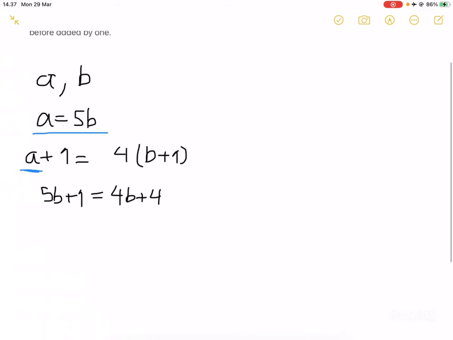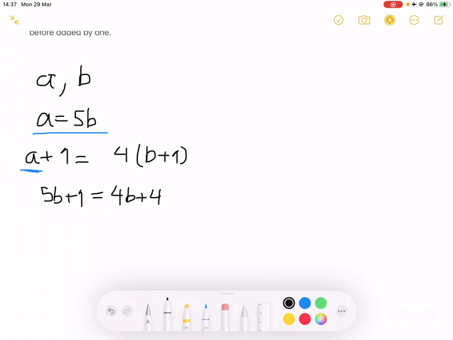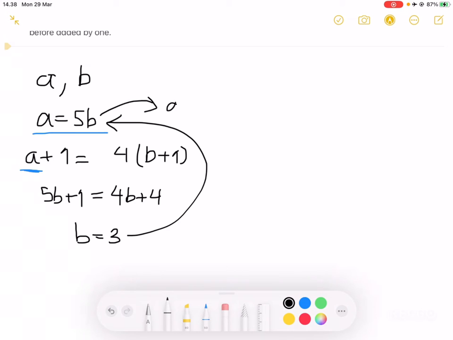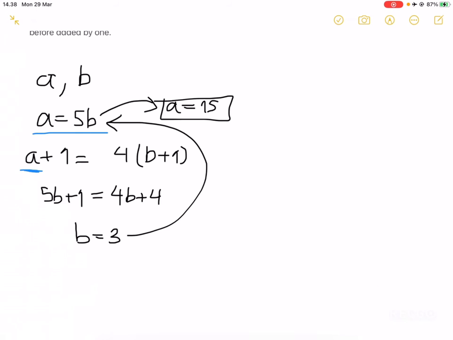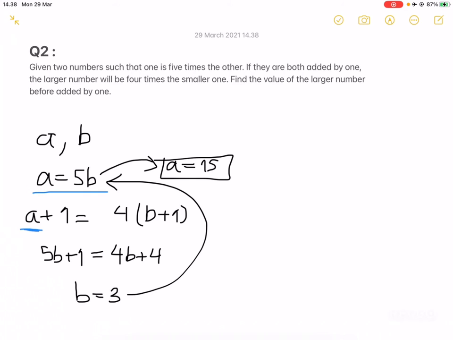We can just subtract 4B on both sides and subtract 1 on both sides. You'll get B is equal to 3. And substituting back into this property, you get A is equal to 15. So this is the value of the larger number before added by 1.